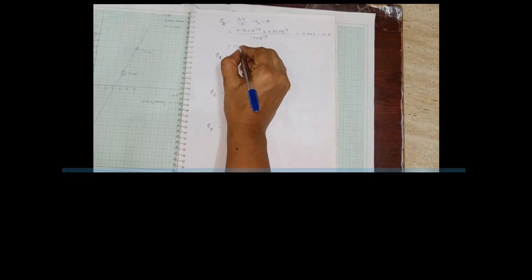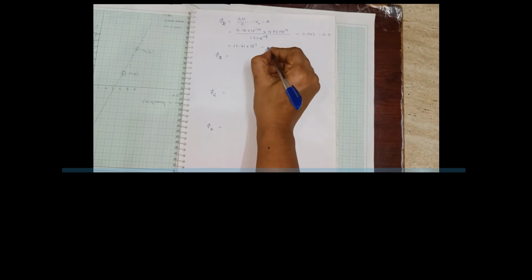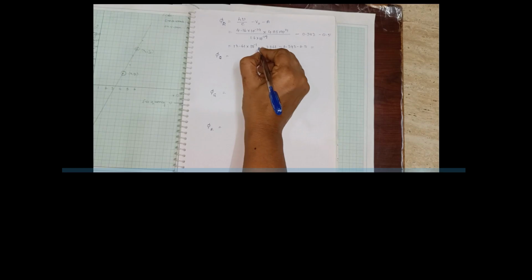Calculating this, I got 12.61 into 10 power minus 1, that equals 1.261 minus 0.343 minus 0.5, which equals 0.418.